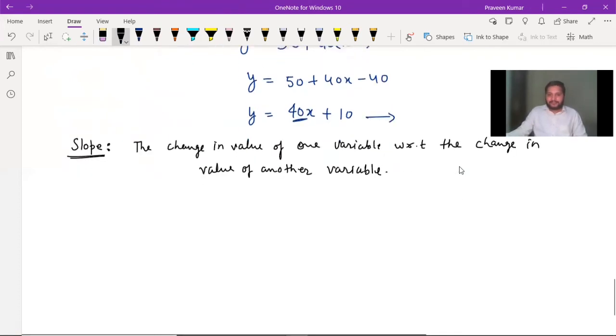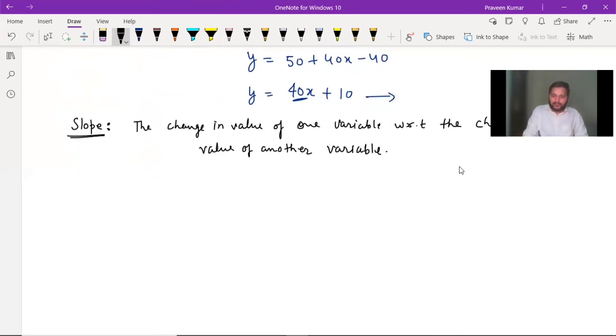Let us say if y changes from 3 to 7 and x changes from 2 to 4, let us find the change in y with respect to change in x.